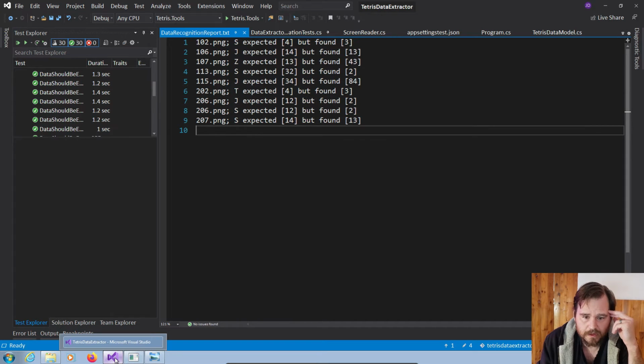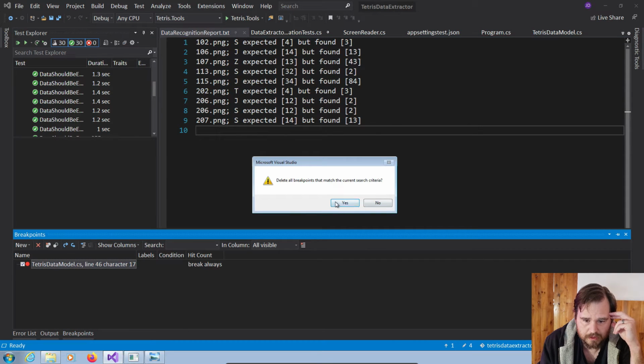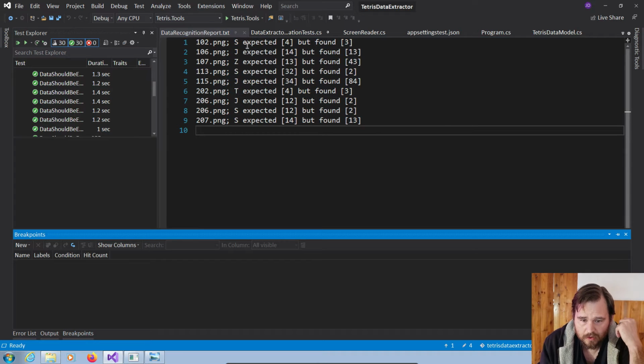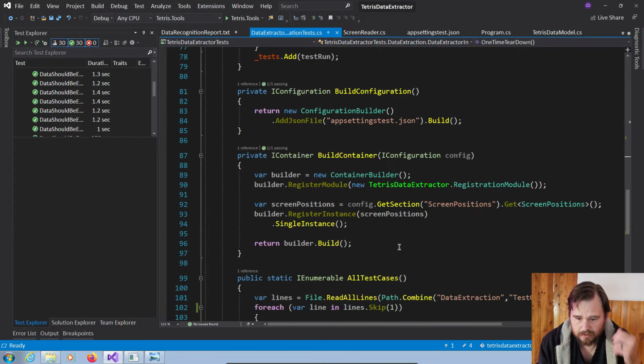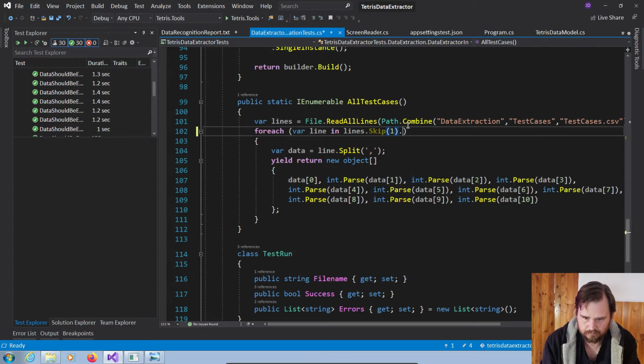So, let's get rid of our breakpoints. We're looking at 102 now. Okay.